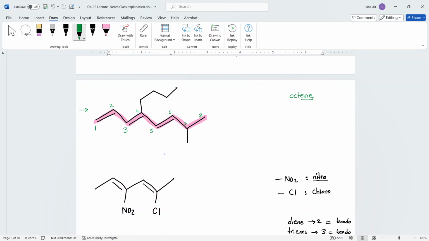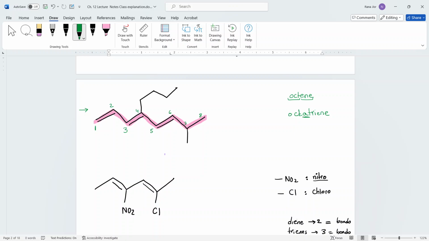I have 3 double bonds, so simply the ending has to be triene. And the name doesn't look good if I do octatriene without an A. So this is why I would need to introduce an A in there. So that A is introduced between the oct and the triene, so that I can pronounce it as octatriene.